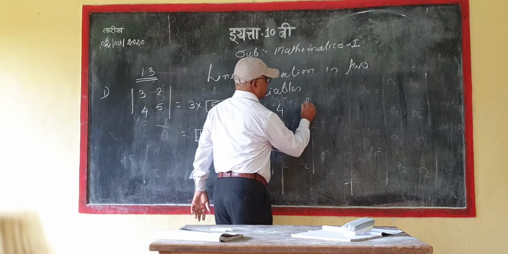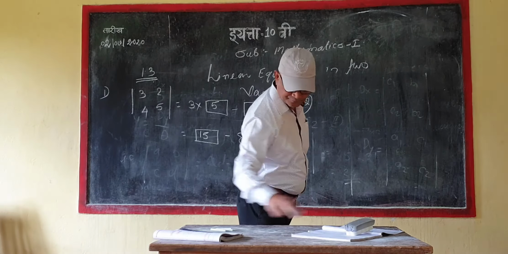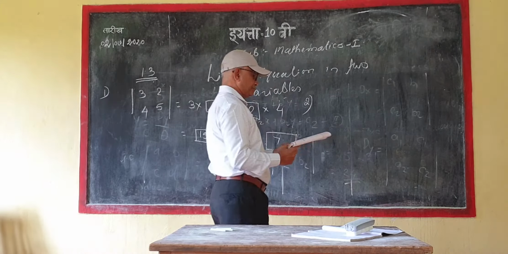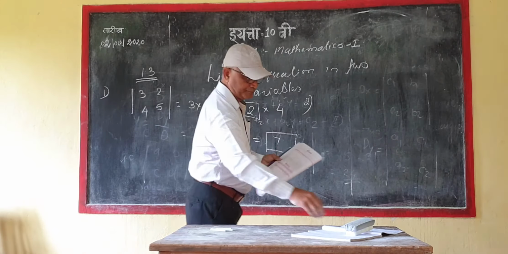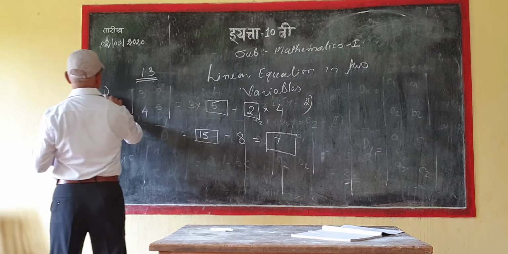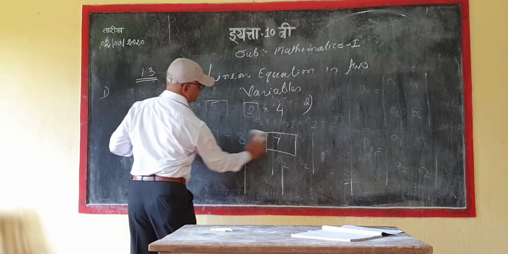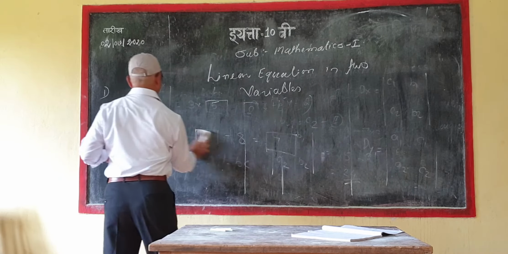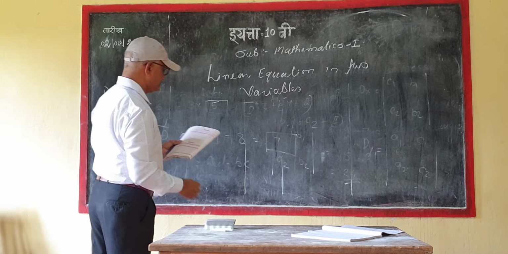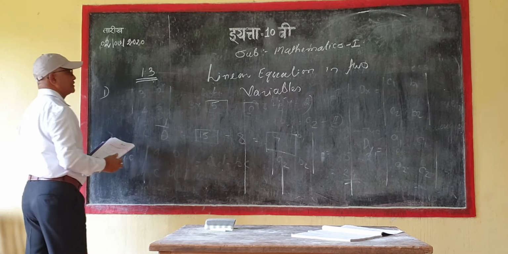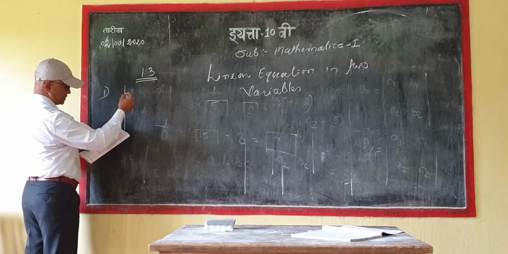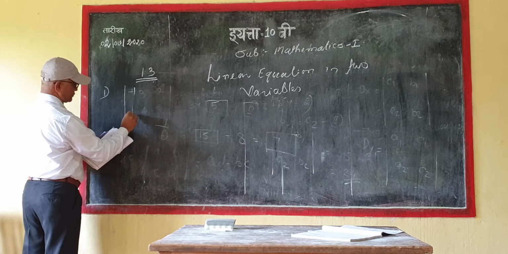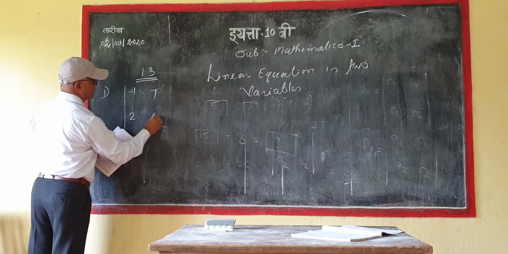Example number 7. Find the value of the determinant. The determinant is minus 1, 2, 7, 4.